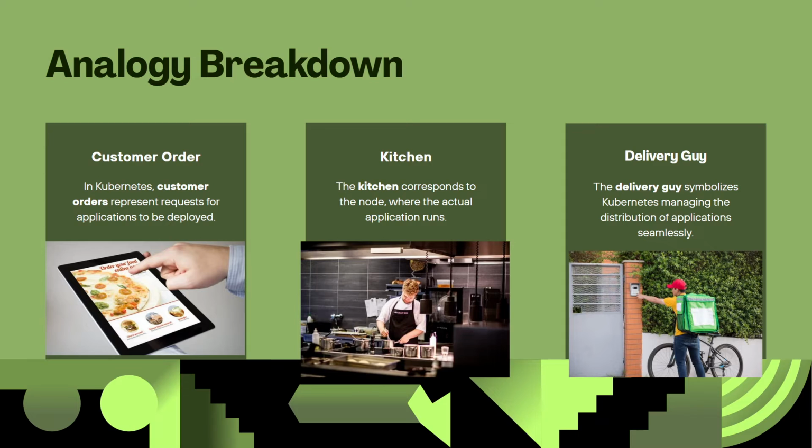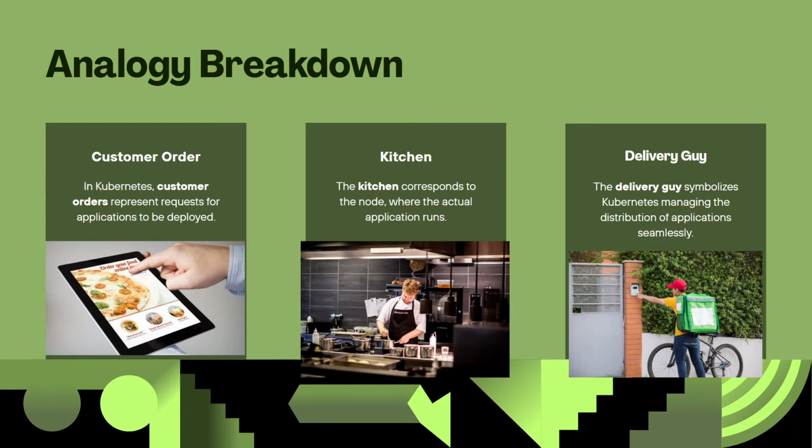For example, your order is like a pod, the actual app running in a container. The restaurant kitchen is like a node, the server that runs the app. The chef is like Docker, the one who builds and prepares your container.